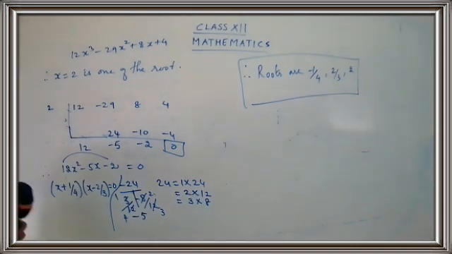Have you completed the second one? Are you clear with the second sum? The first question, second sub part was clear to you? Okay, good. Now take on the second question. Examine for the rational roots of.